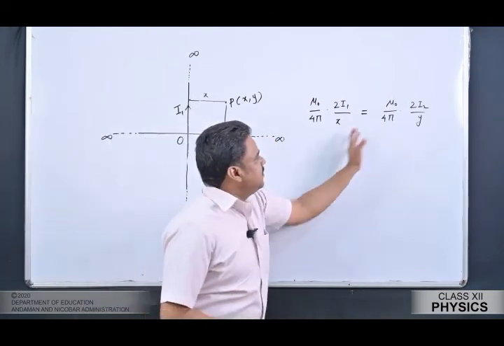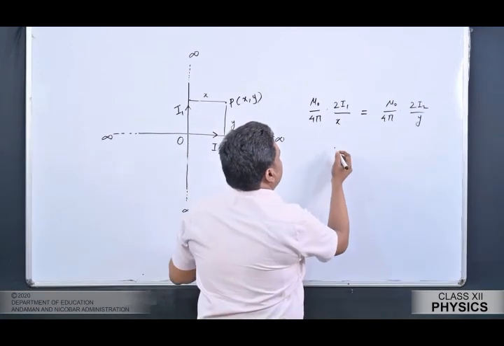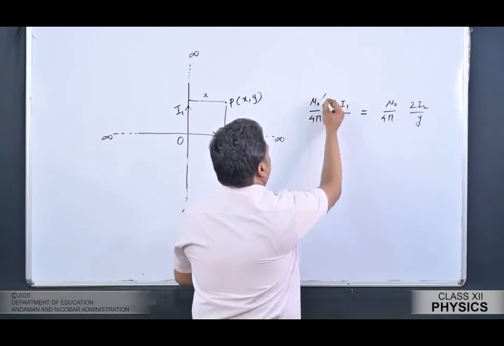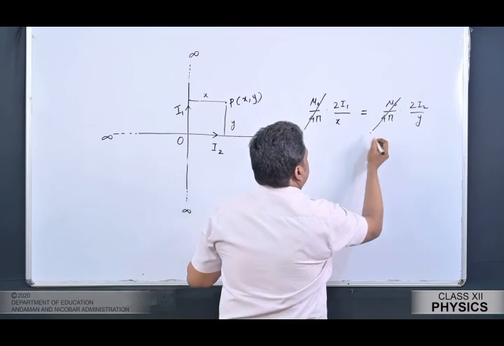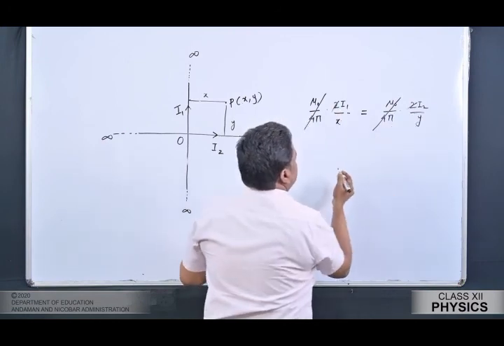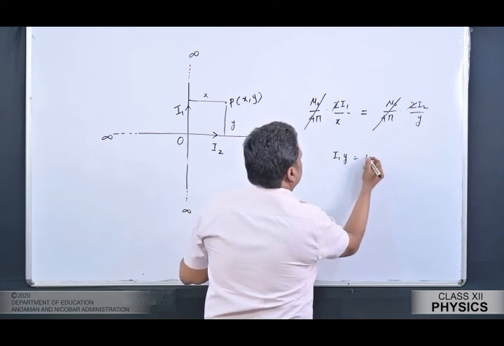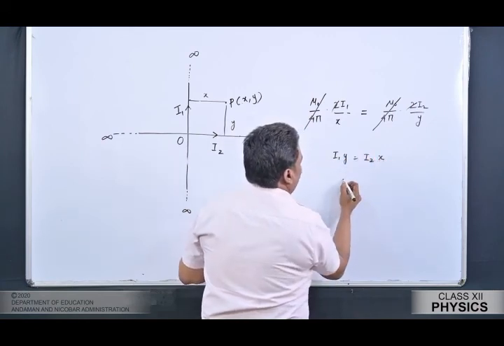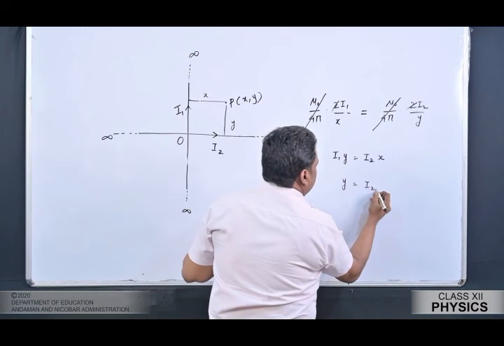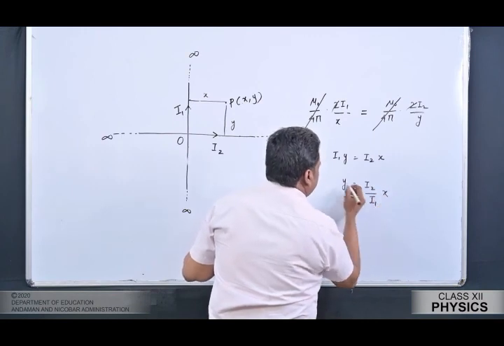So I'm going to equate the two. What is going to be cancelled? I think you can clearly guess. Mu naught by 4 pi cancels, 2 cancels. So what I'm getting is I1 y is equal to I2 x, that is, y is equal to I2 by I1 into x.